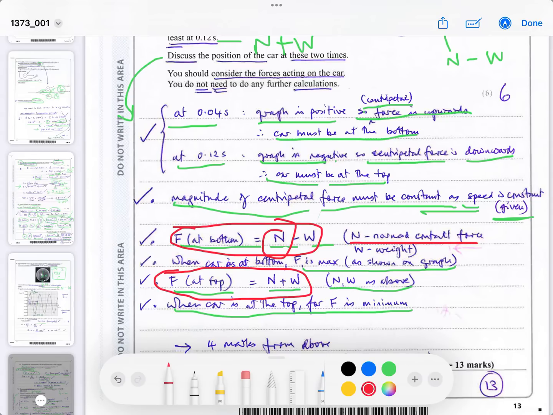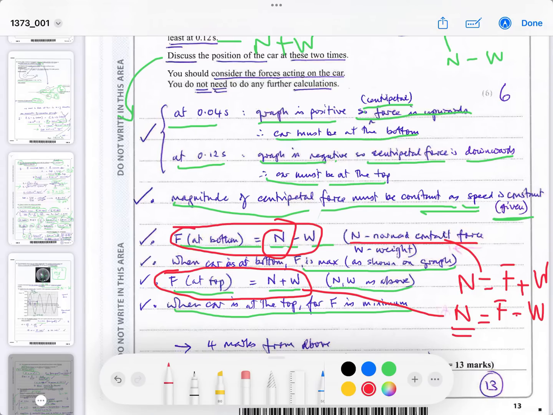So at the bottom, N will equal F plus W. So the normal contact force will be equal to F, which is mv squared over r, plus the weight. So that will be a bigger contact force, whereas at the top, N will be equal to F minus the weight. So the contact force at the top diminishes, okay?